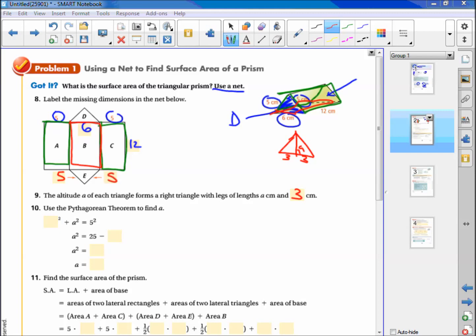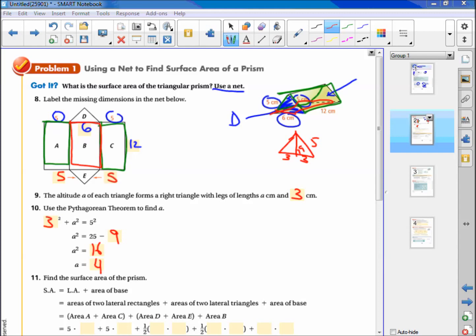Now the other side of this is also a 5, so we can use those two numbers and the Pythagorean theorem to find the size of A. So 3 squared plus A squared should equal 5 squared. That means A squared is going to be 25 minus 9, so A squared would be 16, and the square root of 16 will give us 4 here.